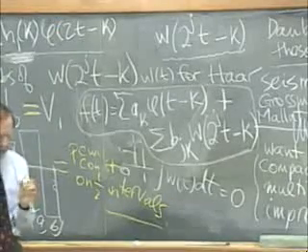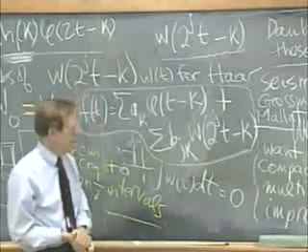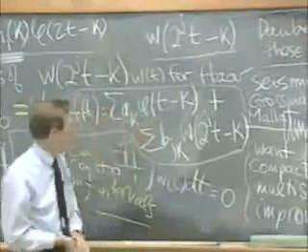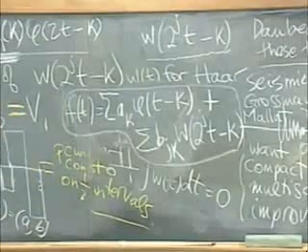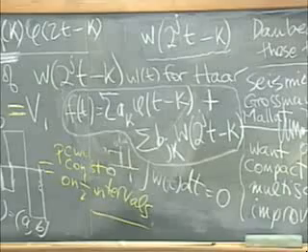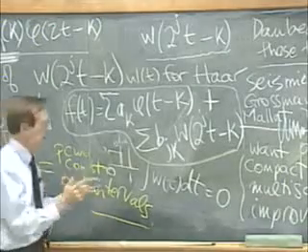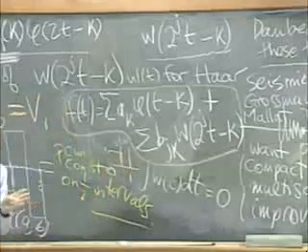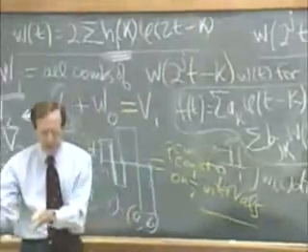What the heck can I use for wavelets that improves on HAR, that's better than this square wave? And the natural idea would be that the wavelet should be longer. The beauty of HAR was there was no overlap between W of t and W of t minus 1.